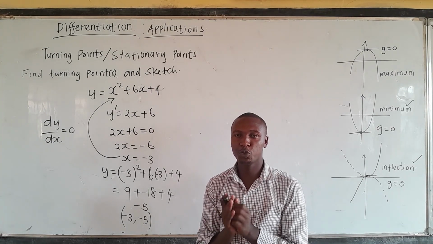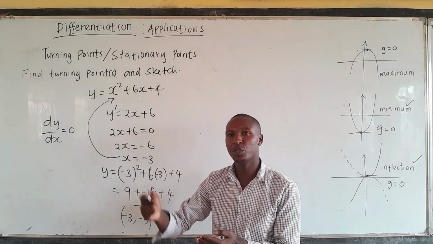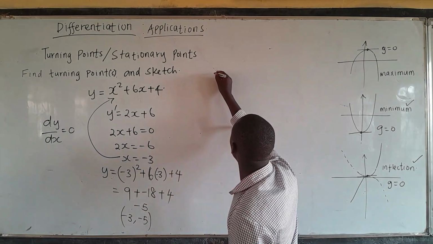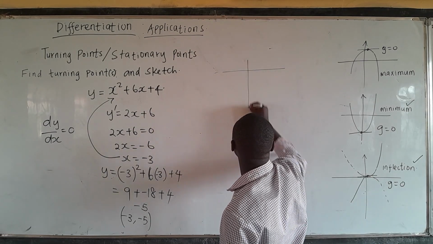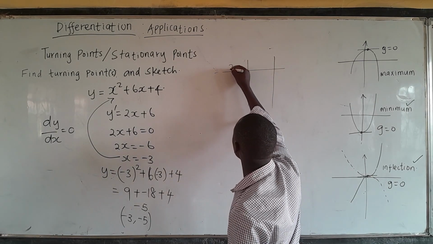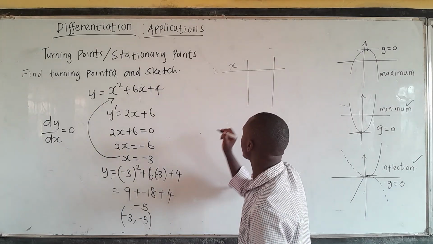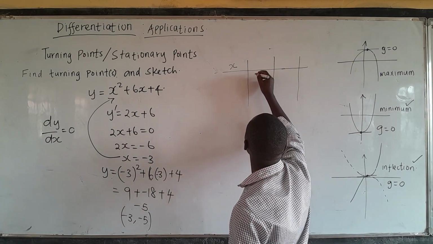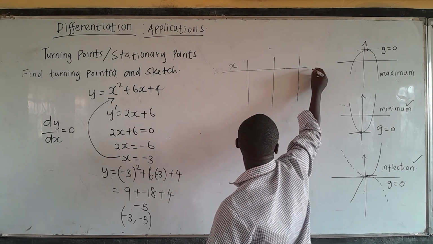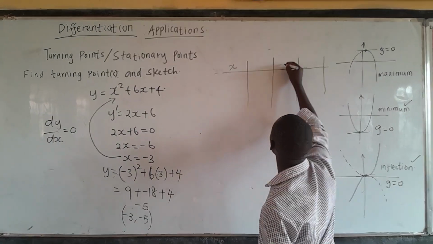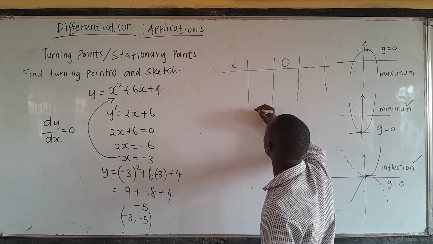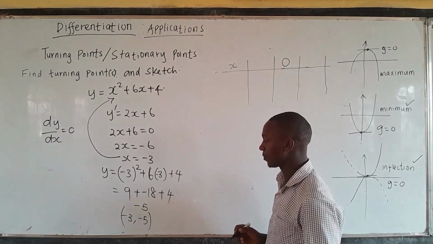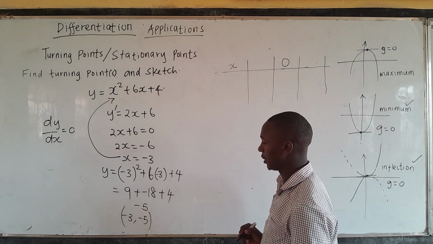But if you don't want to use the second derivative, which we are going to do in another video, we can use a small table here with the value of x at this point, and then we have the nature of the curve.